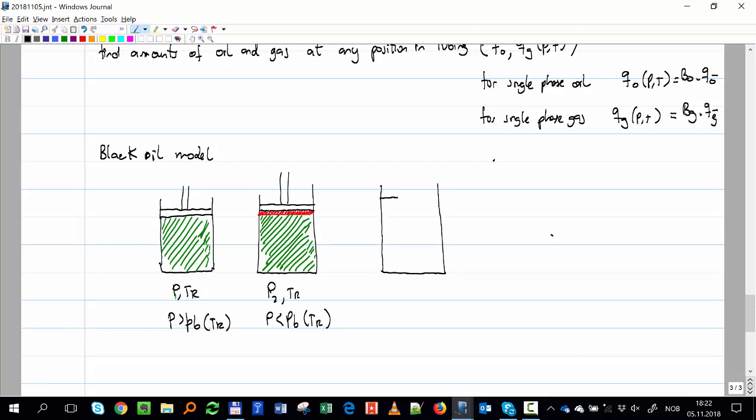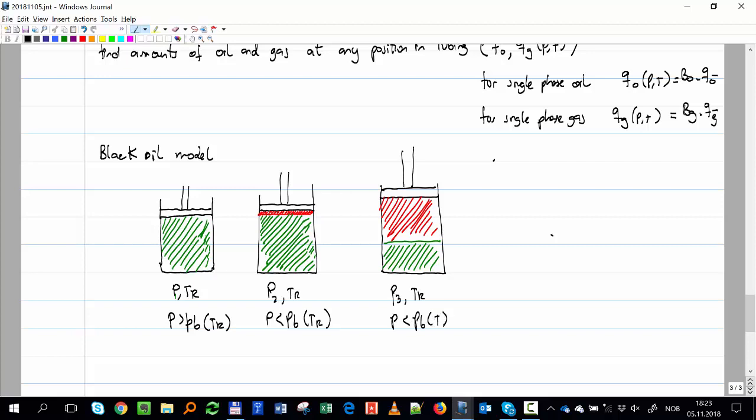Gas can expand very, very much, and oil takes less and less space until we reach P3, TR, below the bubble point.